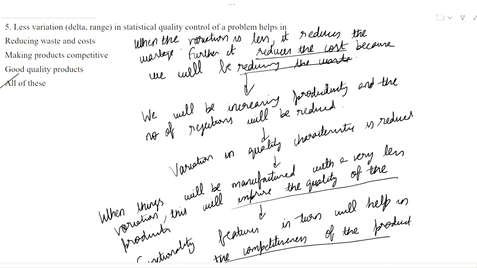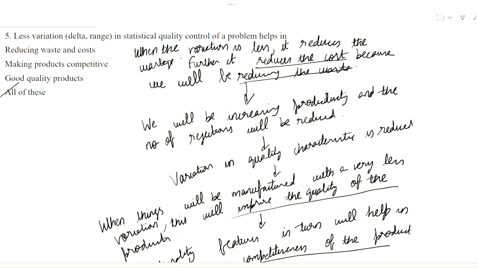Now we discussed statistical quality control, which reduces the wastage. Further, it also reduces the cost because we will be reducing the waste.